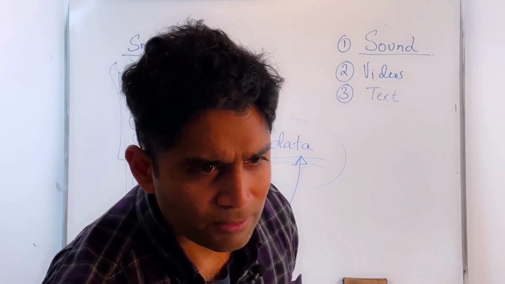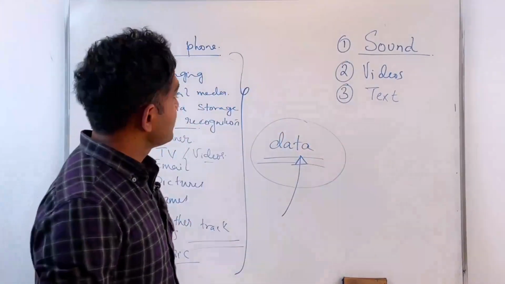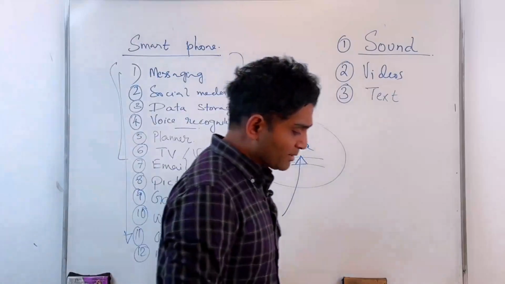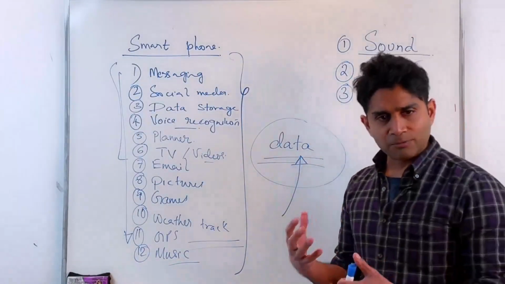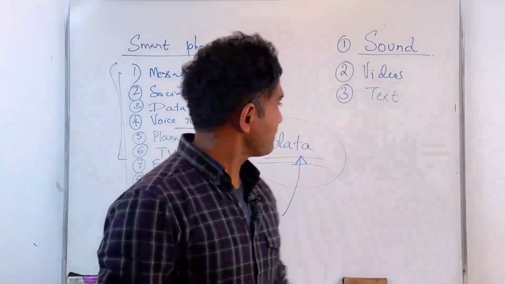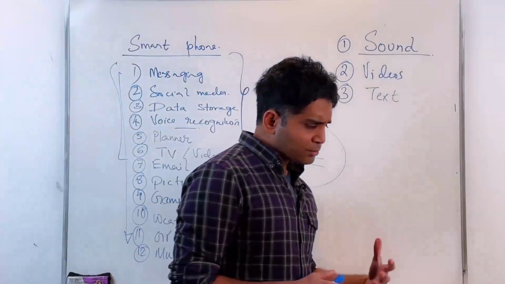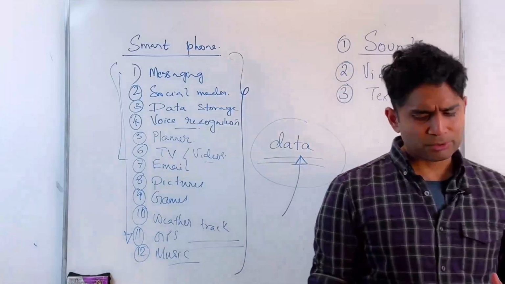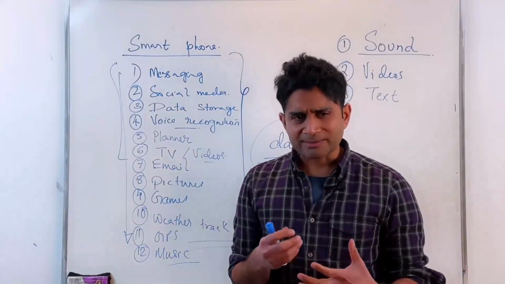Okay. So videos, text, sound. Let's just consider these three data forms, and your smartphone is able to do that. Now, in this class, I would like you to think intuitively, logically, about how things happen.